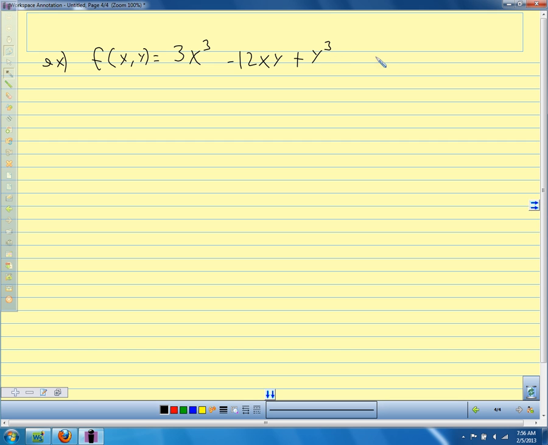And we want to find where f sub x and f sub y equal 0 simultaneously. So we want to find where both of our first partials equal 0 at the same time. Before we do that, what do you think this would represent on the surface?